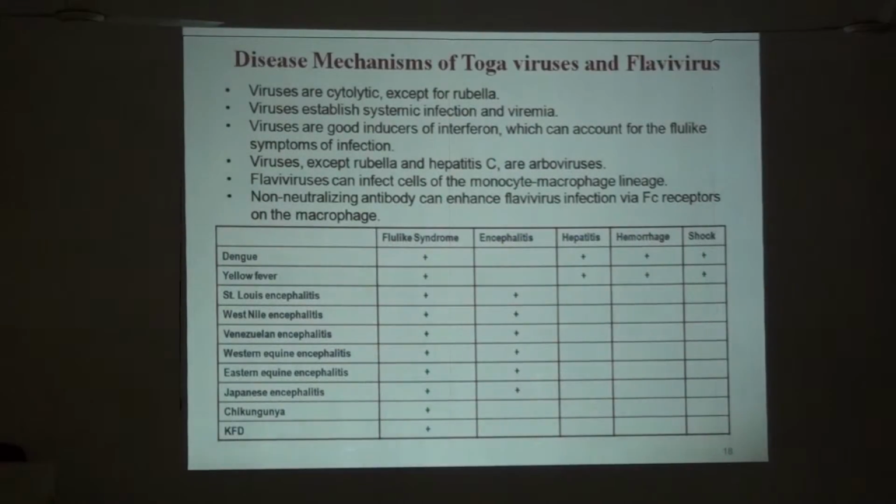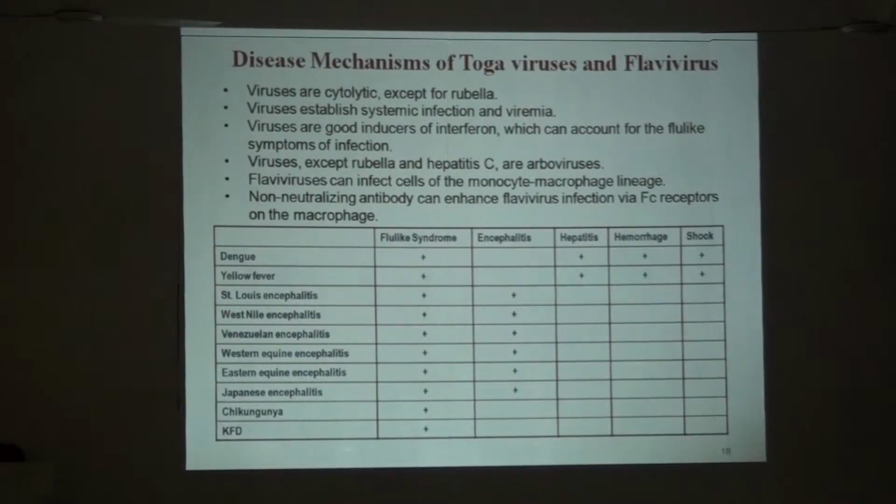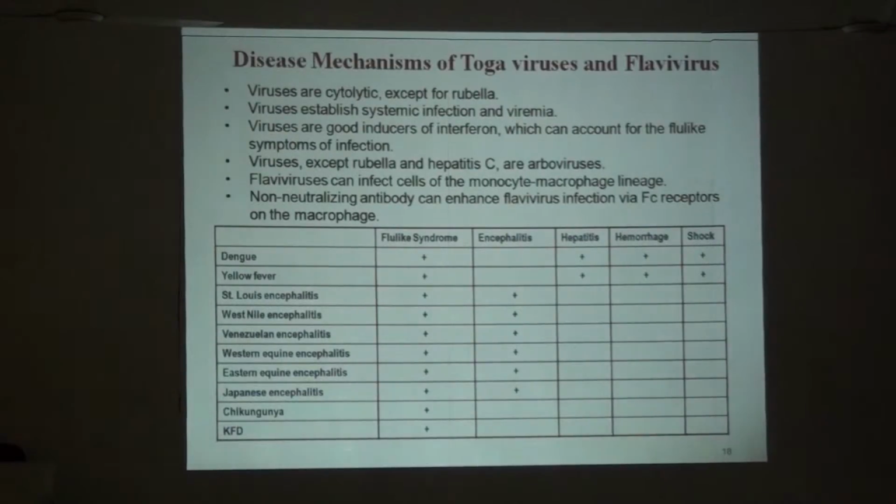Flaviviruses can infect cells of the monocyte and macrophage lineages, and in the presence of non-neutralizing antibody, infection is enhanced via the Fc receptors on macrophages. This leads to antigen-antibody complex reactions, which increase the pathogenicity of the arbovirus.